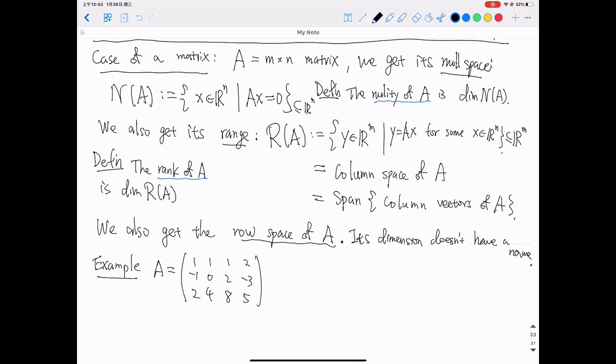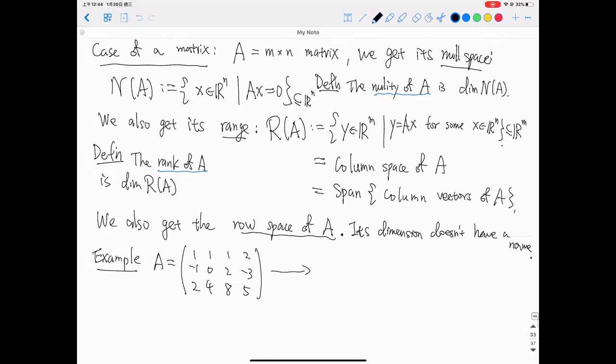All right, so suppose this is our A. One thing that's easy to see is the row space. If we perform row operations on A, we will not change the row space. Then if we reach the reduced row echelon form, we can read off a basis, hence the dimension of the row space, by just finding the non-zero rows. So let's take some time to do this example in detail.